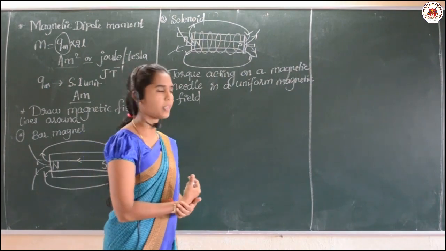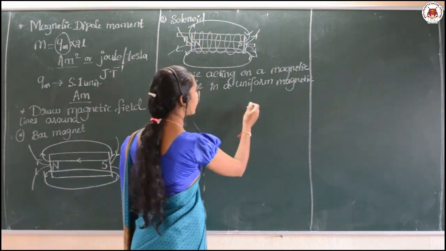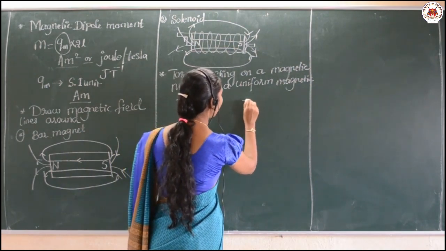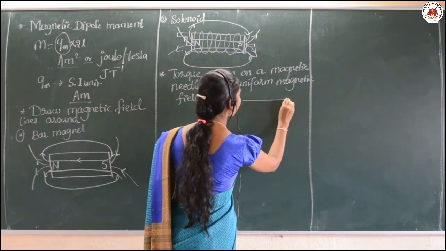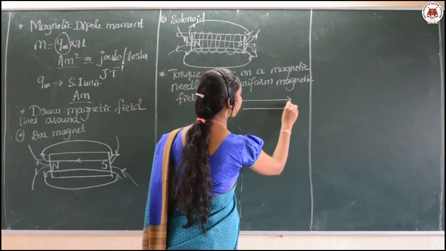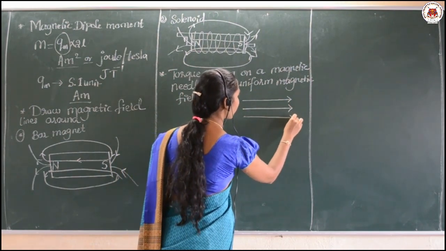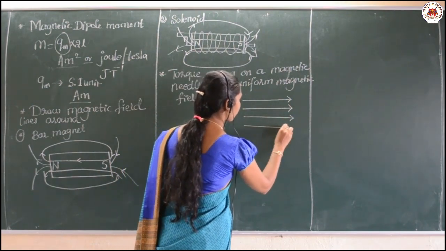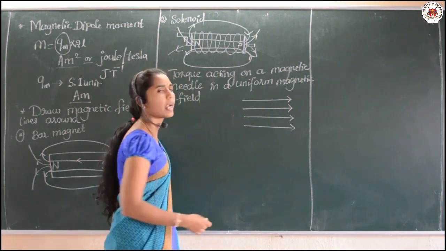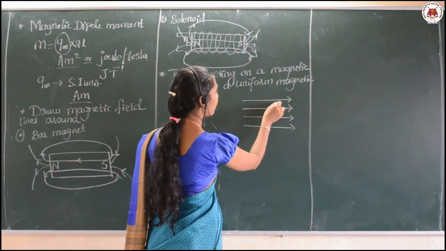Before getting to that, we should have a diagram, and in physics the diagrammatic representation plays a very important role. Along with that, you should have imagination power also. Whatever concept we are dealing with, when you have that imagination, you can get the idea very easily.